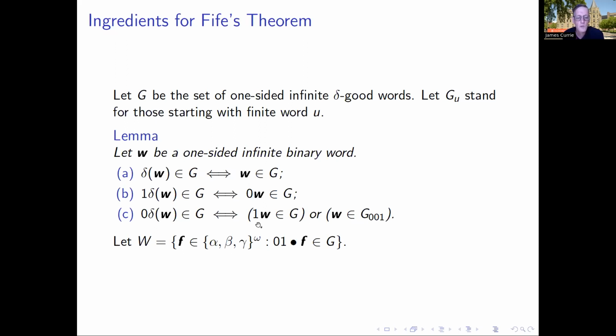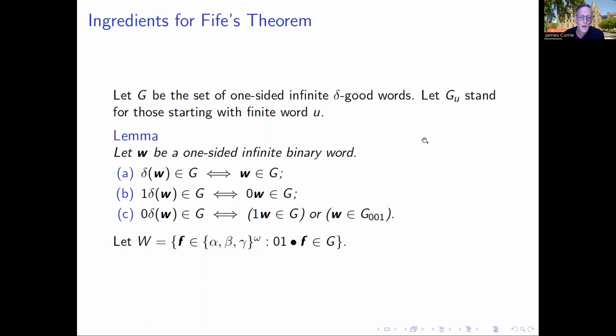That happens if and only if 1 W is good, or W is a good word starting with 0, 0, 1. So this lemma is proved from the structure theorem, and part C has mild complications.